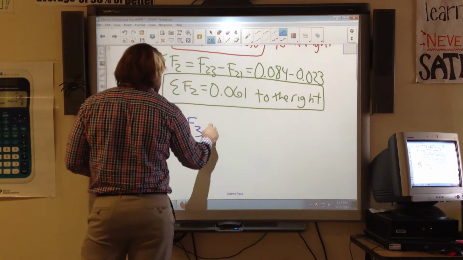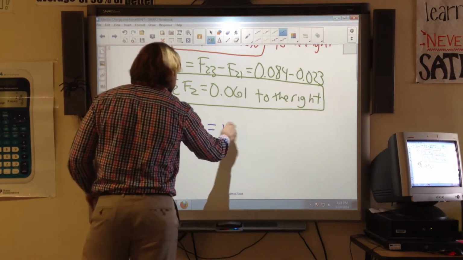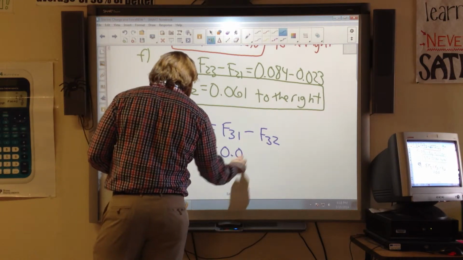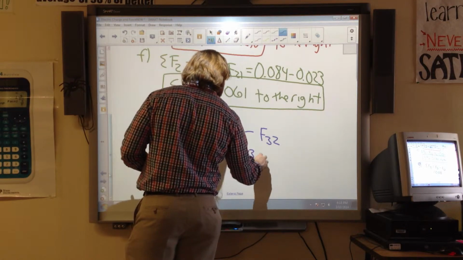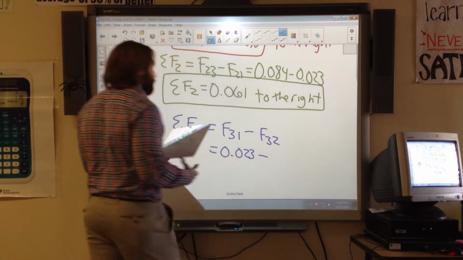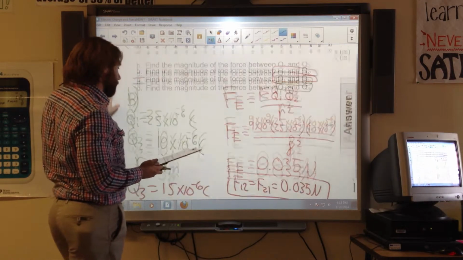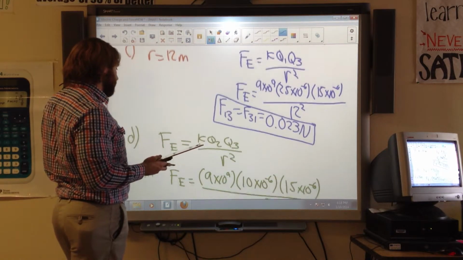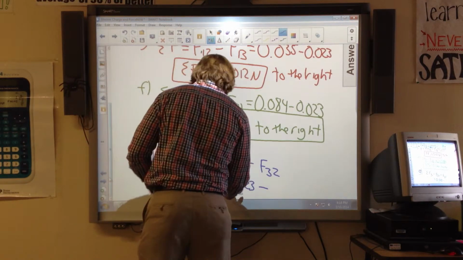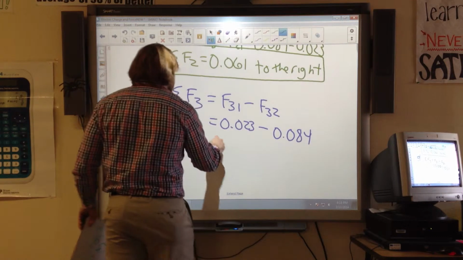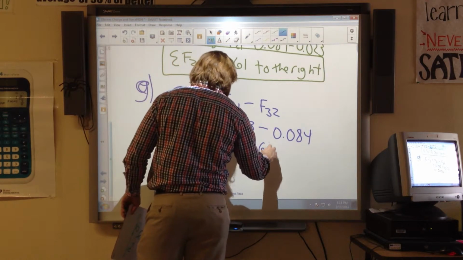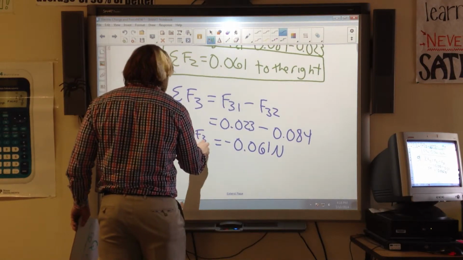The net force on object 3 equals, again, F31 minus F32, which was 0.023 minus 0.084, that's equal to 0.061. And that's to the left.